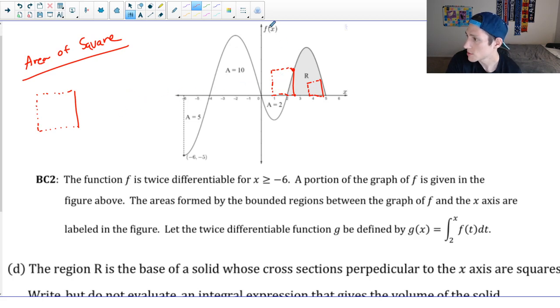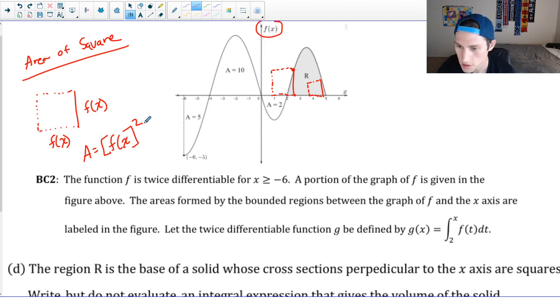This is a graph of f, so that length is f. Okay, great. If that base length is f, then what is this side length? Well, it's a square, so that's also f. All of these sides are f. So that area is just f squared.